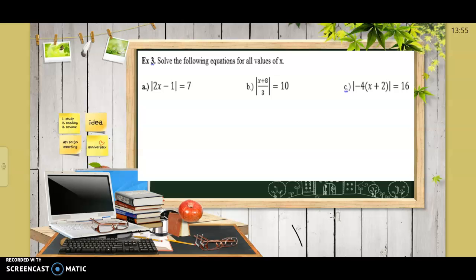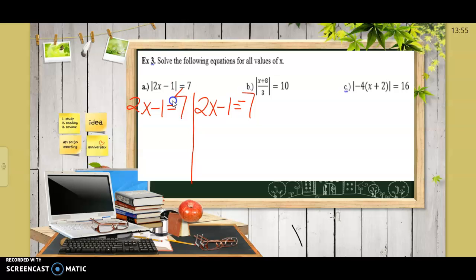So what's the strategy? Strategy would be to write this as 2x minus 1 equals 7, but then also write 2x minus 1 equals -7. And doing that will give us the two answers.